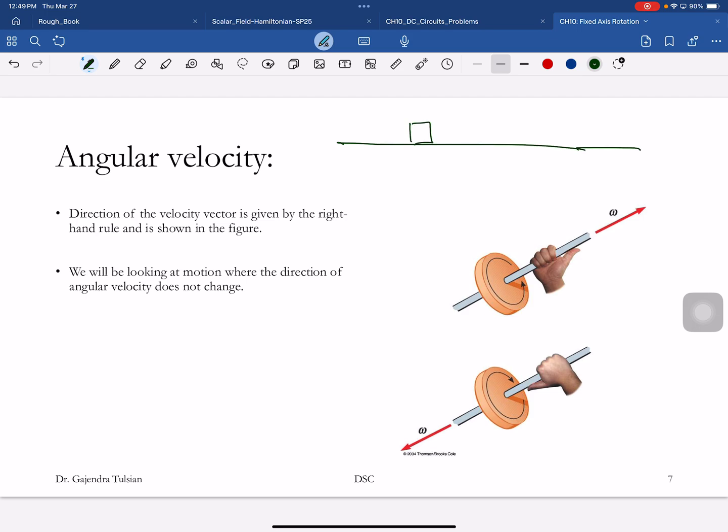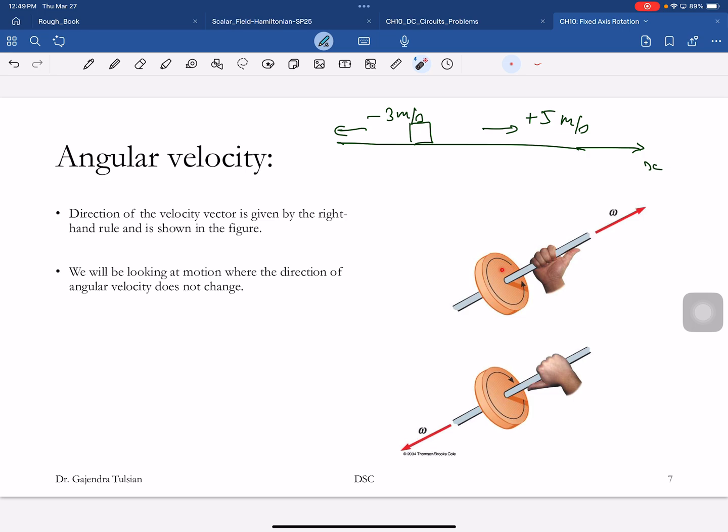Just like for linear motion, an object could either travel in this direction or that direction. The velocity had only two directions, and when it was moving to the right, the direction of the velocity was indicated by the sign. This was 5 meters per second, and this was minus 3 meters per second. The sign told you the direction of the vector because there were only two directions.